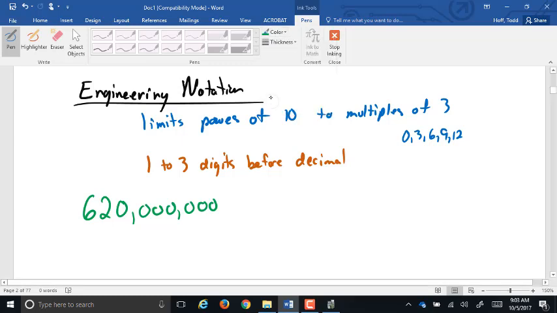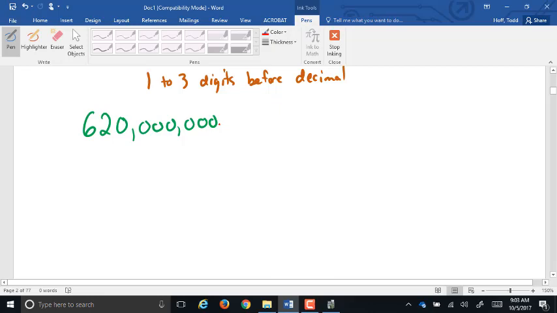If I want to convert this into engineering notation, I can go 1, 2, 3 spots. Can I go 3 more? Sure can. 4, 5, 6. Can I go 3 more? No. So that is 620 times 10 to the 6th.